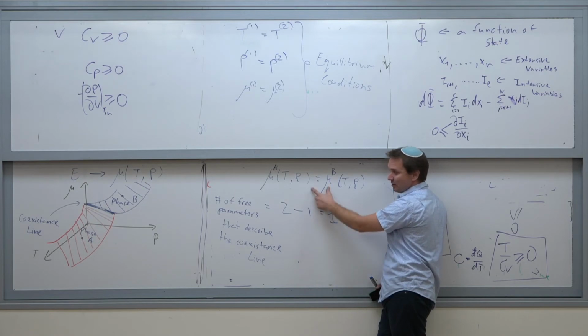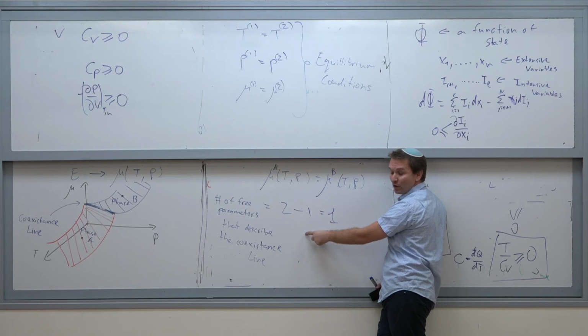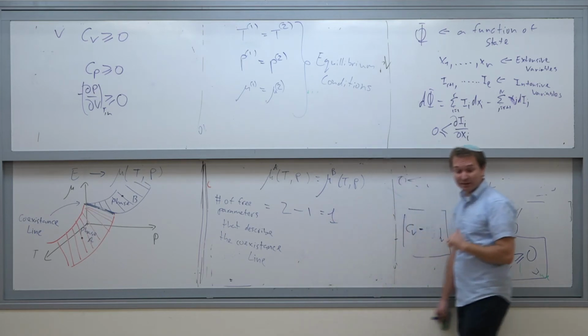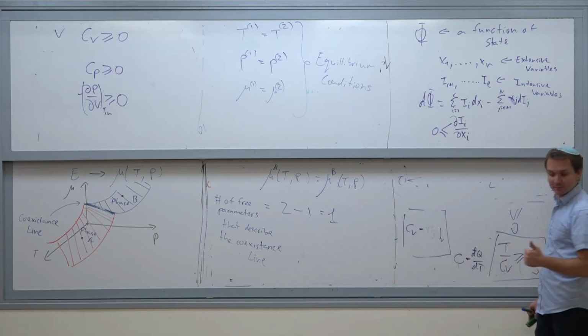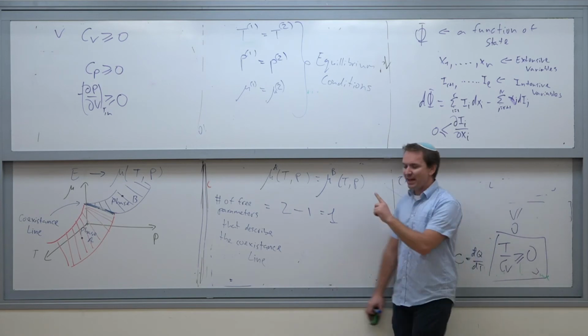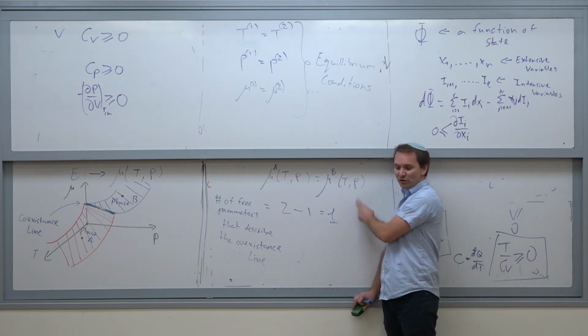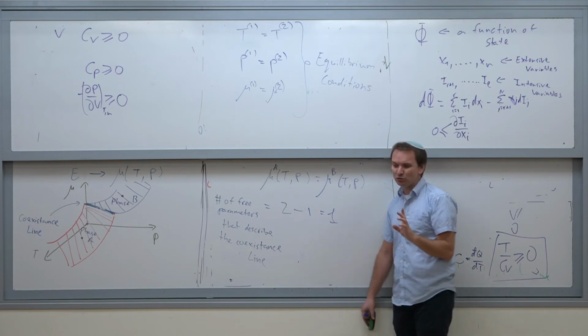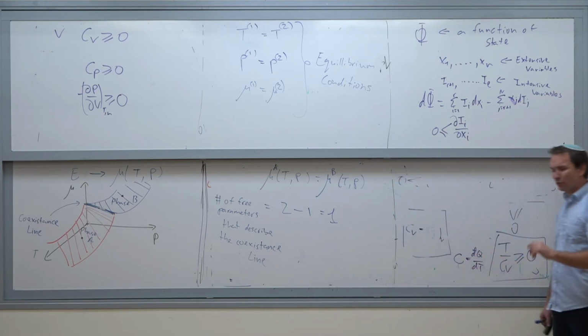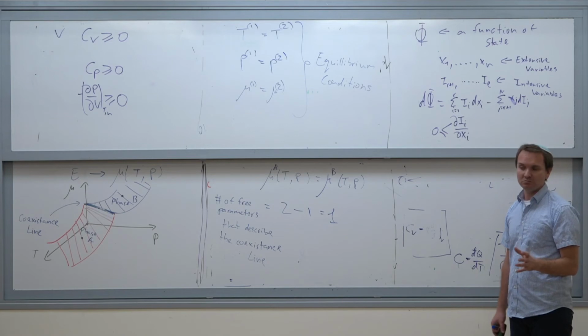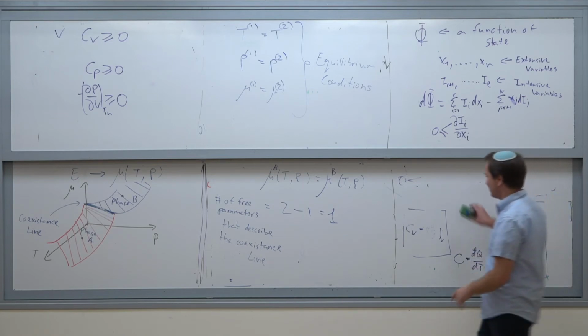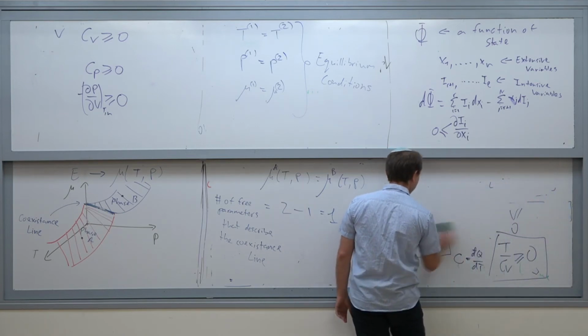And then I will have more parameters, and more equations, and a higher dimensional structure. But if I have only one kind of particle, then this claim is correct, and it's only a line. This is why it's called a coexistence line. But if, for example, I have two kinds of particles, it's going to be already something else. I will write the form.